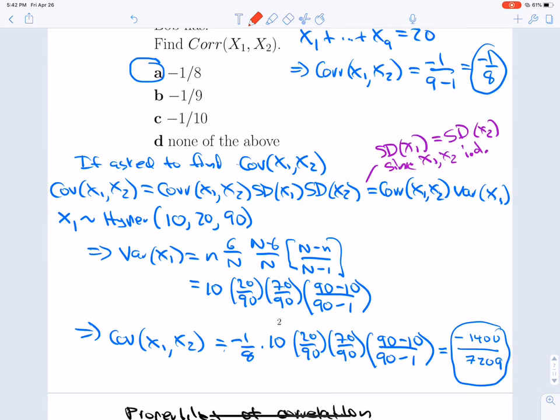The covariance is the correlation of x1, x2 times the SD of x1 times the SD of x2. Now, the SDs are the same, so this is just the correlation times the variance of x1. Now, x1 is hypergeometric 10, 20, 90, and so we know its variance, and then the covariance we can figure out.